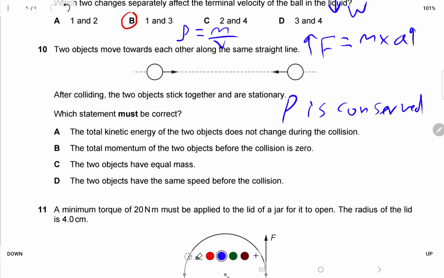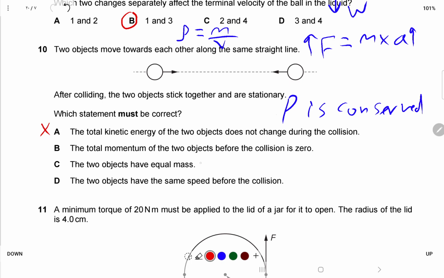So let's check. The total kinetic energy of the 2 objects does not change during the collision. Remember, if the objects stick together, kinetic energy is not conserved, because part of the kinetic energy will be converted into heat.